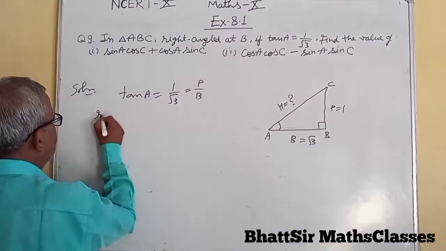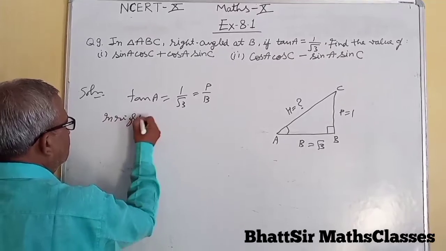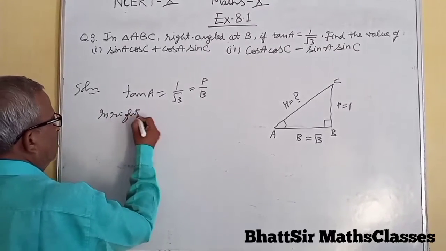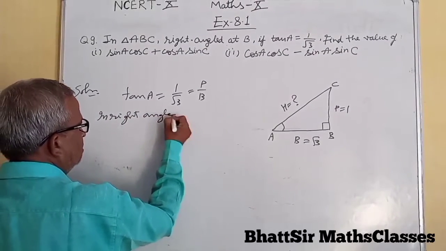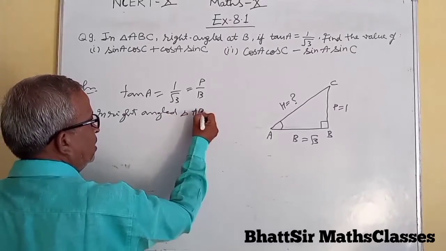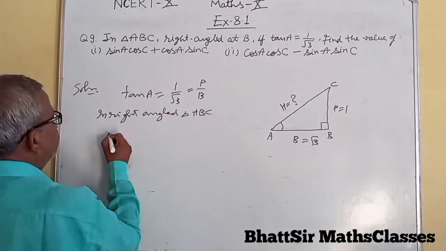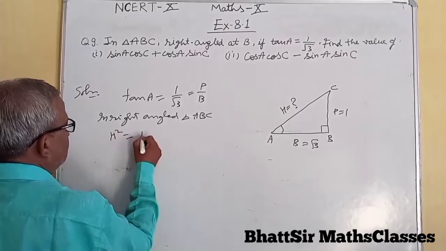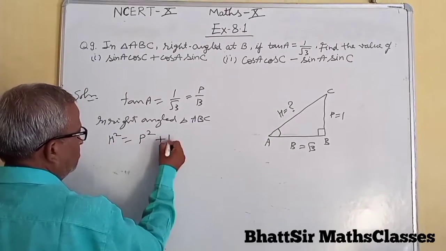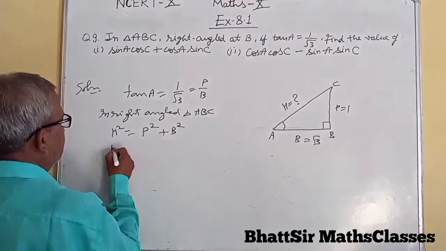In right angle triangle ABC, H square equal to P square plus B square.